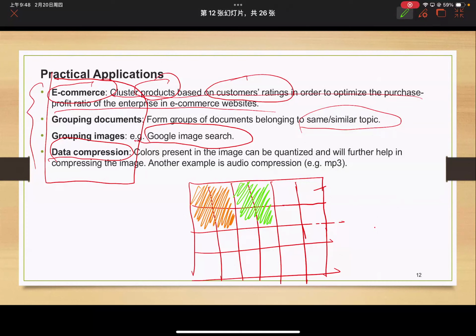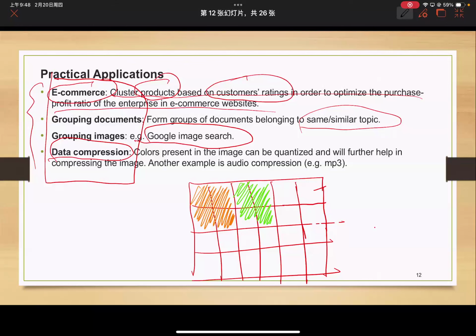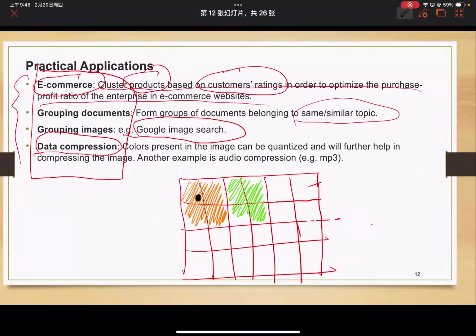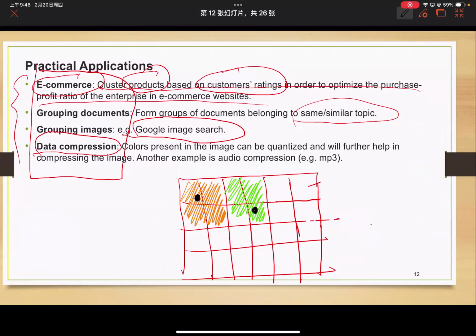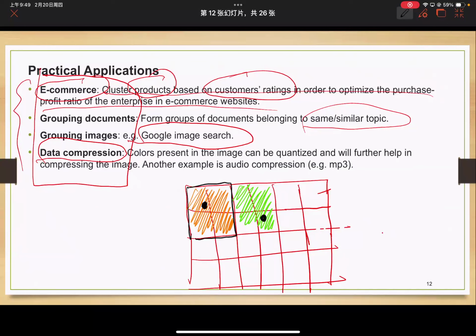Okay, then we want to decrease the resolution of the figure. What do we do? We just need to find the centroid, or the center, of the data points of these two groups. I mean, the center is not the real center of the pixels. Okay, it's the center of the color. So we find the center of the cluster to represent these 4 pixels here.